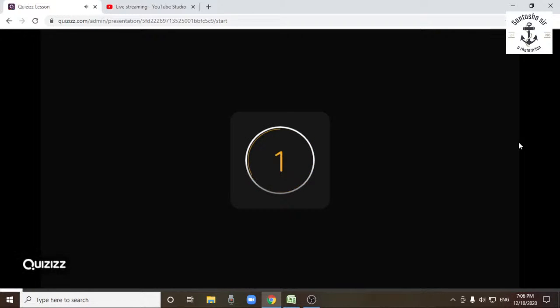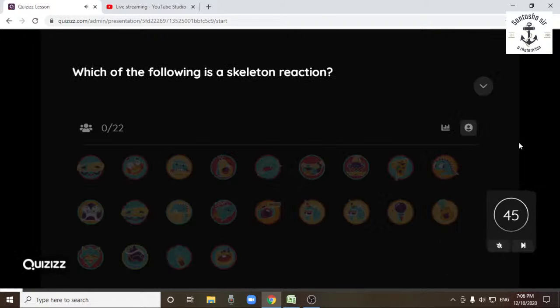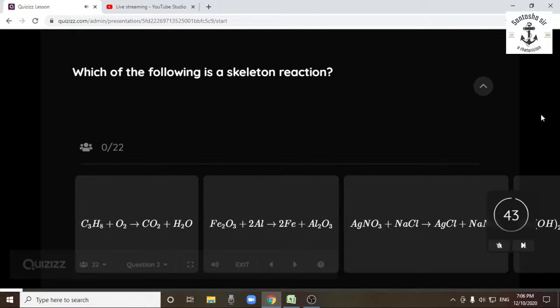Question number 2. Which of the following is a skeleton reaction? I hope you are able to see all the 4 options on the mobile screens.